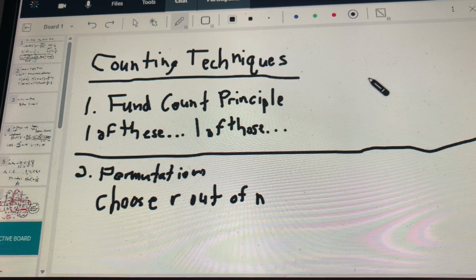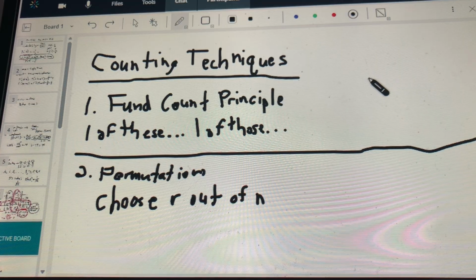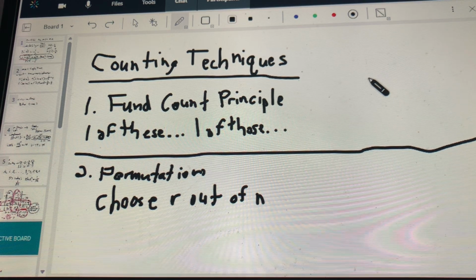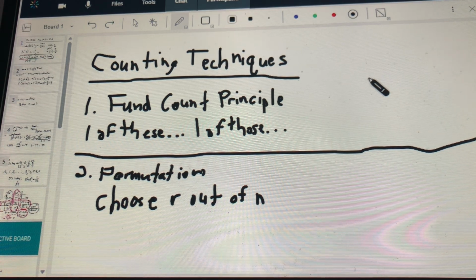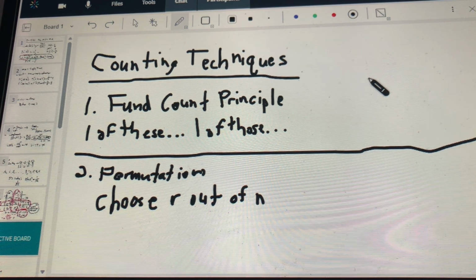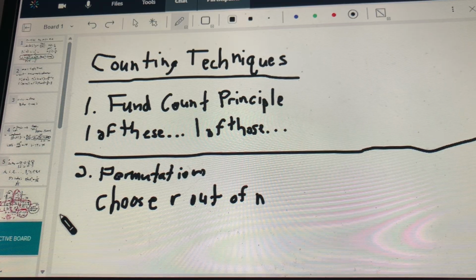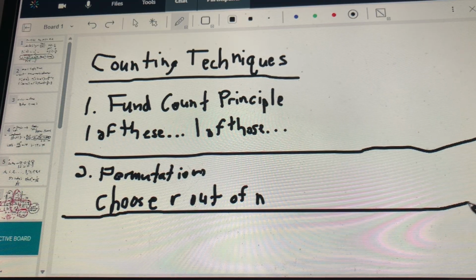Let's do 5 vegetables are available. There's 5 vegetables and you get to pick 2 of them. They let you have 2 instead of just 1. You can choose any 2 of the 5. Like when you order a meal and then you get to pick some sides, like 2 sides. 2 out of 5 of the sides you get to have. That's a permutation. I'm not choosing 1 of 2 and 1 of 5. I'm choosing 2 out of 5. That's the difference between a permutation and a fundamental counting principle.